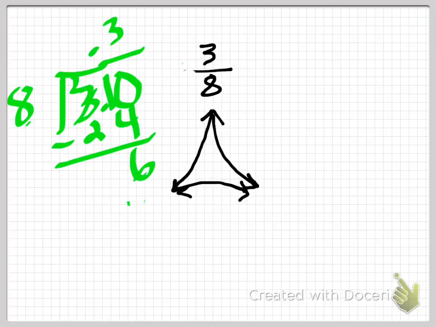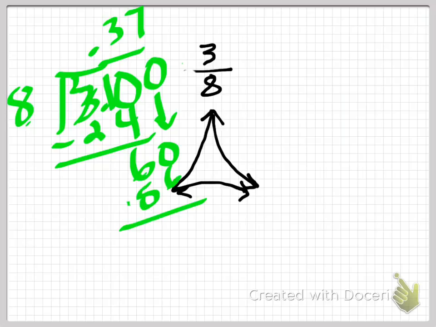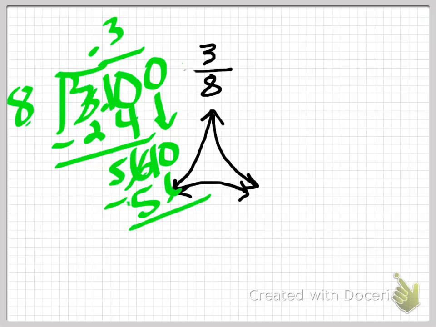Does 8 fit into 6? No, so you have to bring down a 0. Does 8 fit into 60? Yes. How many times? 7. 8 times 7 is 56. I'm sorry. Let me write that better. 56. And now I'm going to subtract again. Borrow 10. Bring down the 4. Again, bring down another 0.